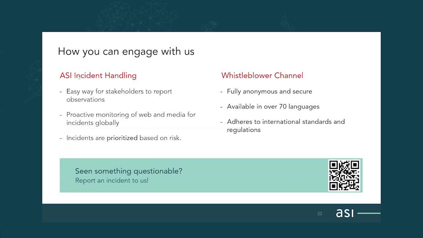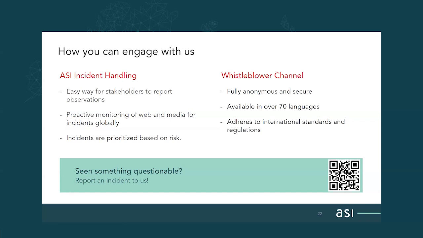I've mentioned the incident handling process, but this is one way for you to get engaged with us. So you can click or scan the QR code here. You will land on a web page where you can share an observation or an allegation with us. If you see something questionable today or in the future, please share it with us. It helps us and the whole system to improve.